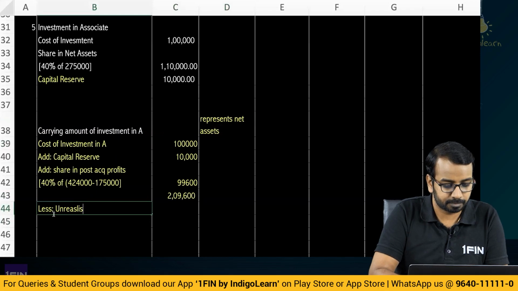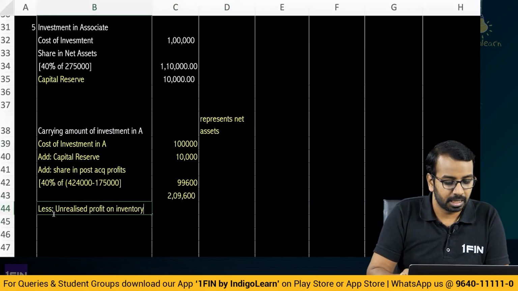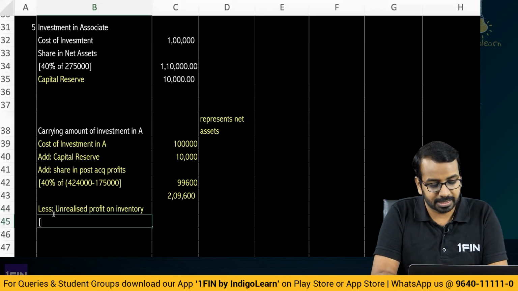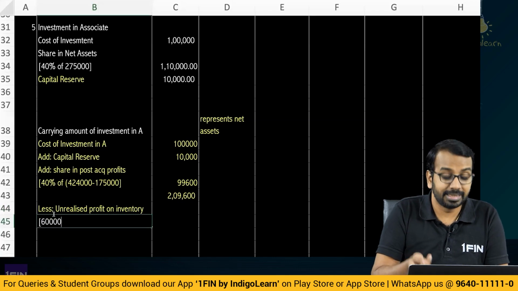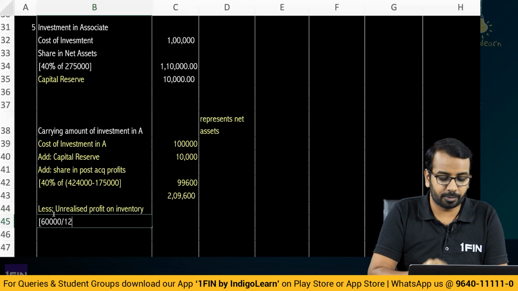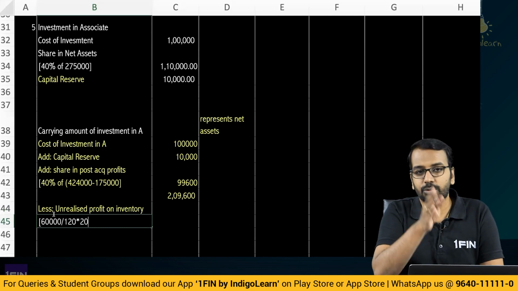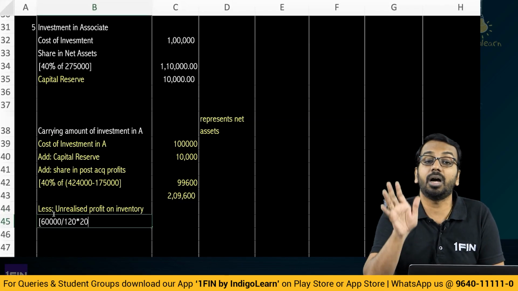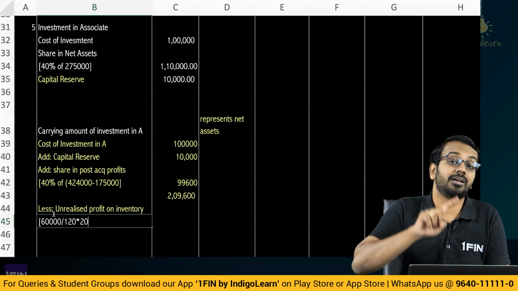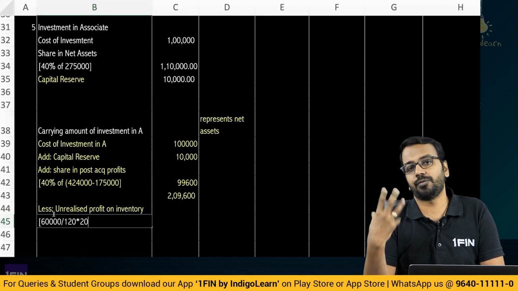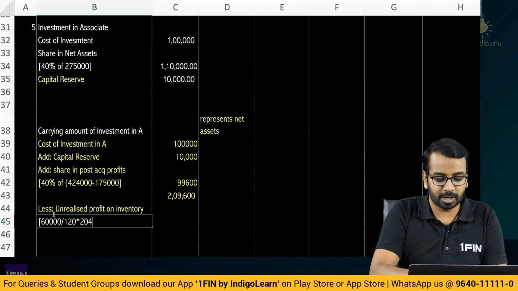So, less unrealized profit on inventory. How much is that? That is 60,000 is the total value. This represents 120 divided by 120 multiplied by, we need 20. So, 60,000 divided by 120 multiplied by 20 will give me unrealized profit, but this is 100%. We are concerned with only 40%, which is our share. So, multiplied by 40%.